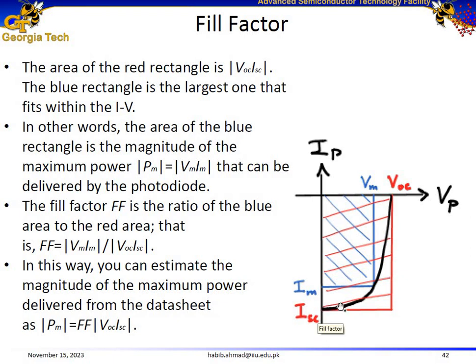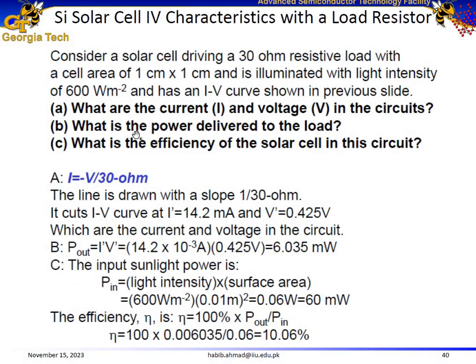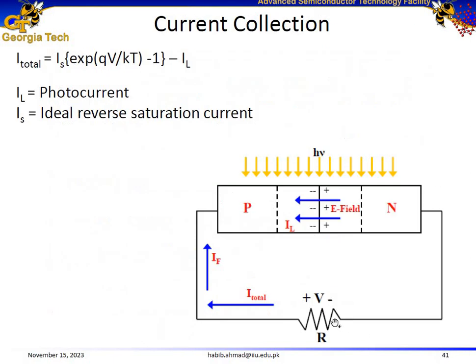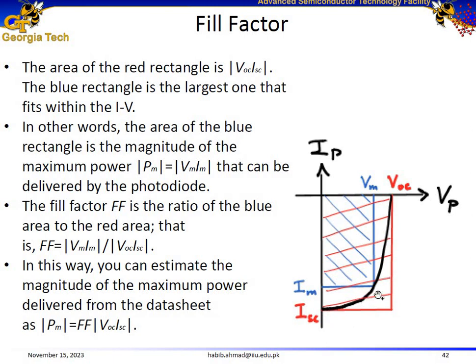But once we start increasing the resistance across this configuration, we see that the current starts decreasing and the voltage starts increasing, and we get to a point which gives us the maximum power on this curve. The current corresponding to that maximum power is called the maximum current, and the voltage corresponding to that point is called the maximum voltage.